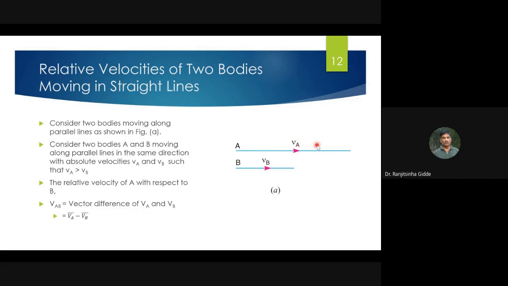This is VA, this magnitude is more, minus this VB, and that difference is nothing but VAB, or the relative velocity of A with respect to B. It is the difference of VA and VB, and that is equal to vector VA minus vector VB.